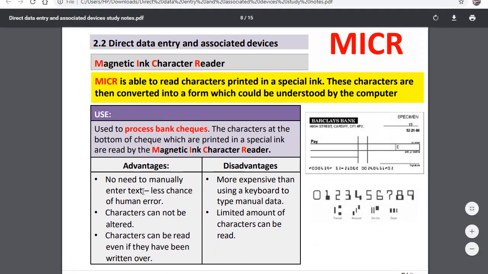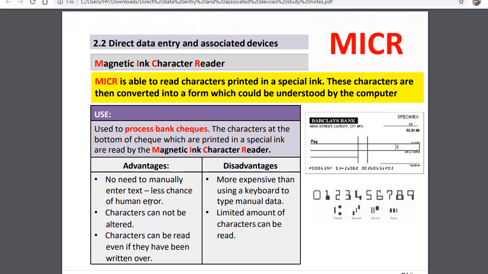As long as we're going to read the bank checks using the MICR, we're going to minimize the human factor and we're going to minimize the errors. Characters cannot be edited or changed. Characters can be read even if they have been written over.